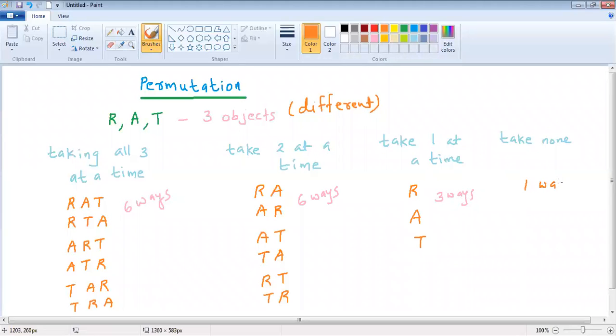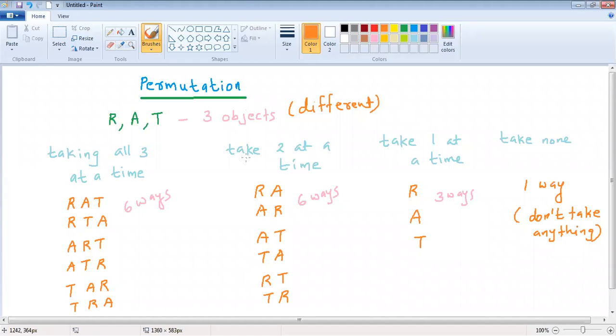One way. And what is that way? Don't take anything. Like 3 objects are there, and you don't choose any object. How many ways are there? Only one way. Simply sit there without taking anything. That's only one way. Okay.